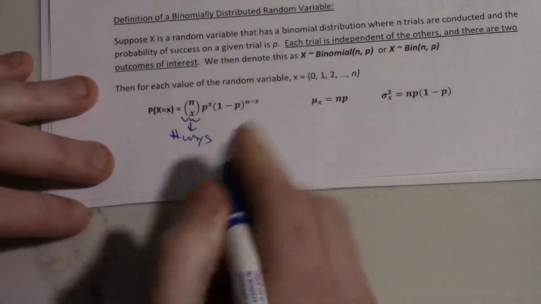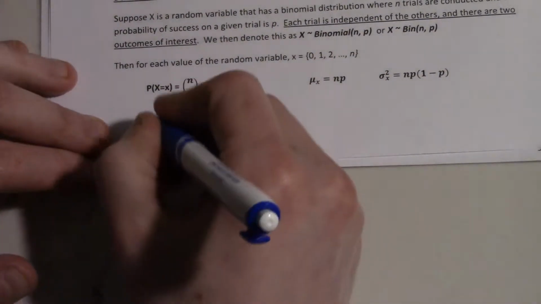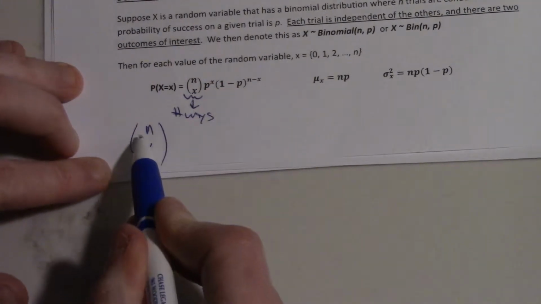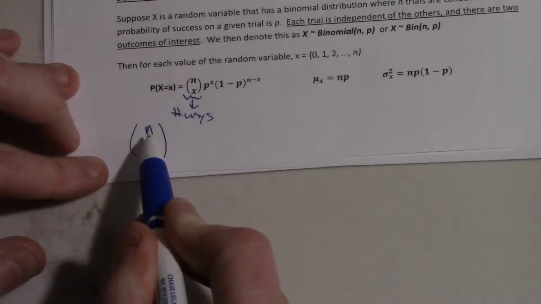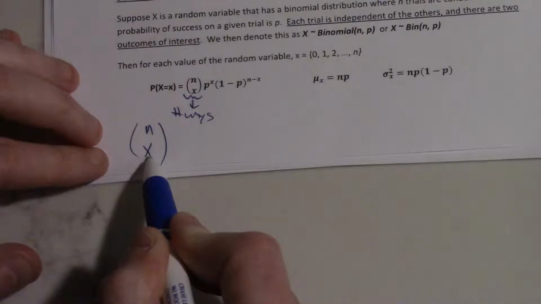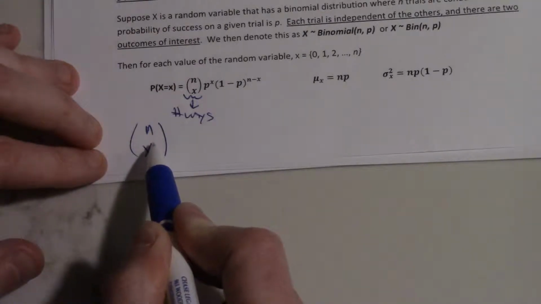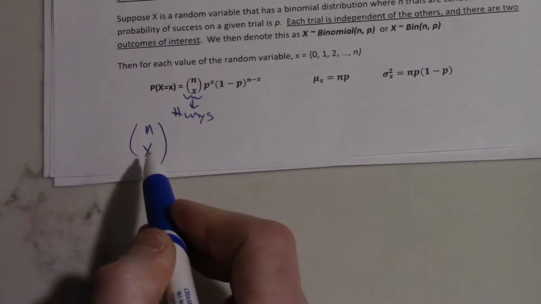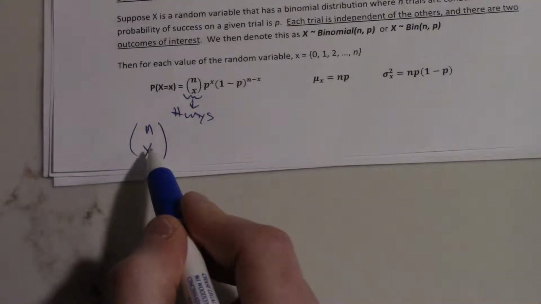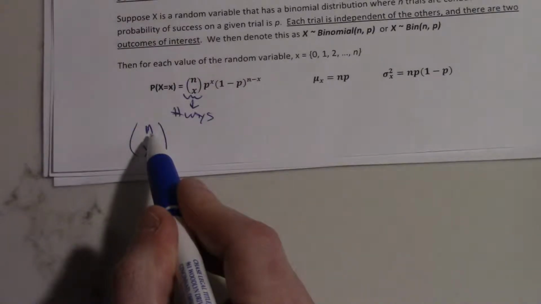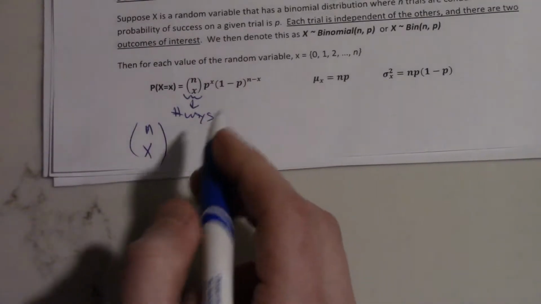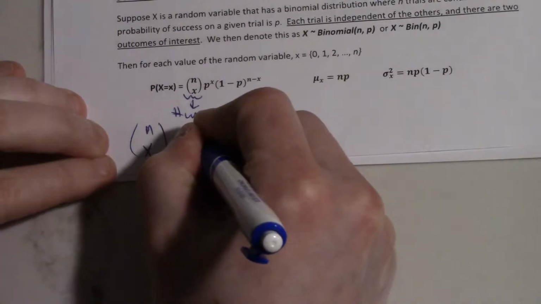And there's a formula for it, which I'll show you just so you know. So when you have something like this, n, remember, is the number of trials. Little x, that's the value of the random variable you're interested in. So what you're asking here is, how many ways out of n trials can I have little x successes? So the formula looks like this.